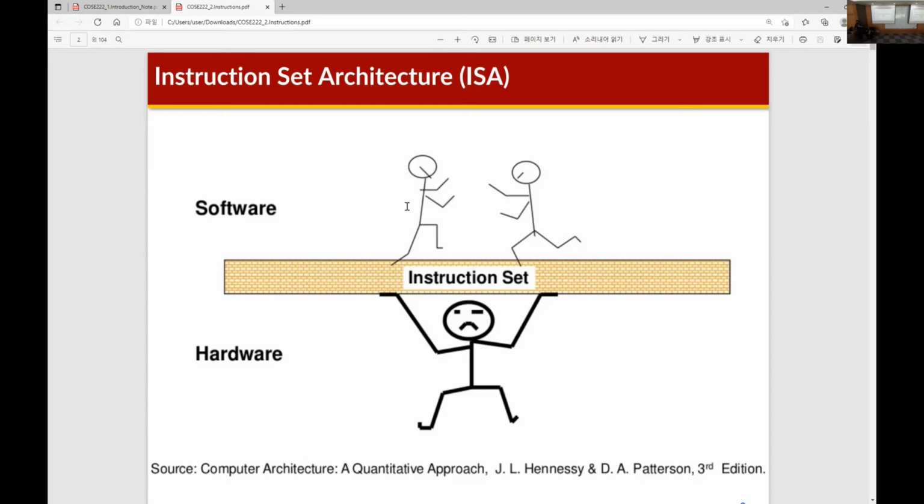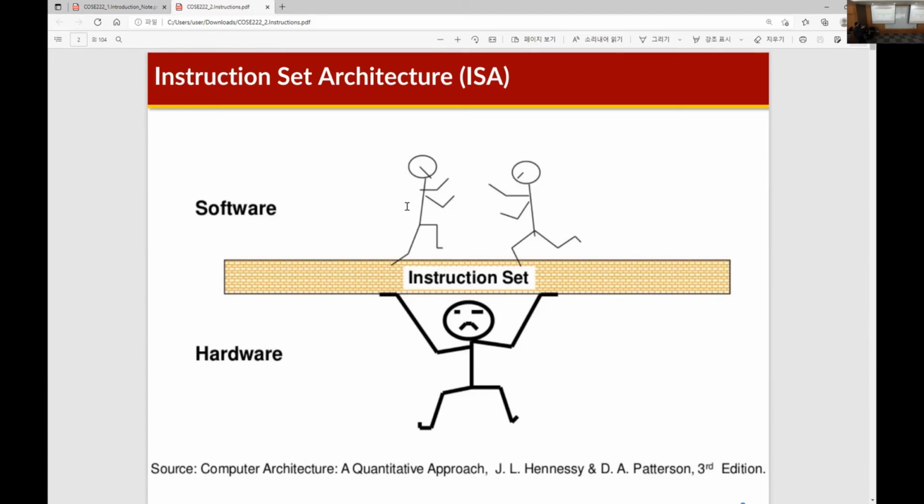So what does that mean actually? Instruction set. What is the instruction set? The instruction set is a set of instructions, that means a group of instructions. And what does an instruction mean? An instruction is just a command.